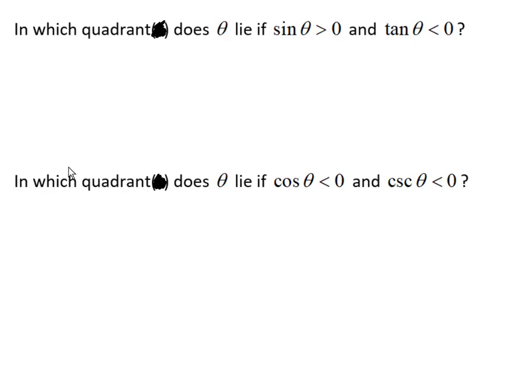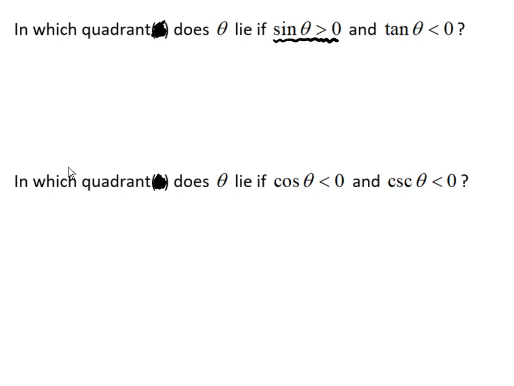In which quadrant does angle theta lie if sine of theta is greater than 0 and tangent of theta is less than 0? The key here is to decode what it is telling me about my angle. What does it mean to be greater than 0? What types of numbers are bigger than 0?